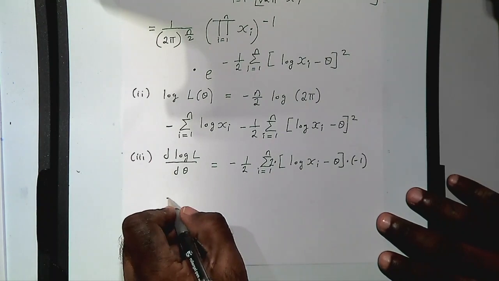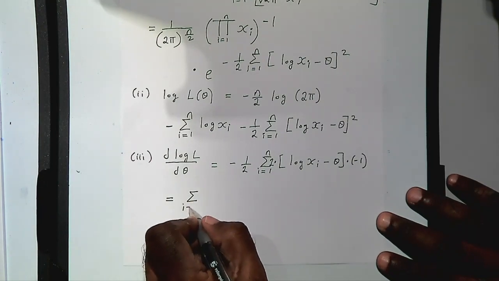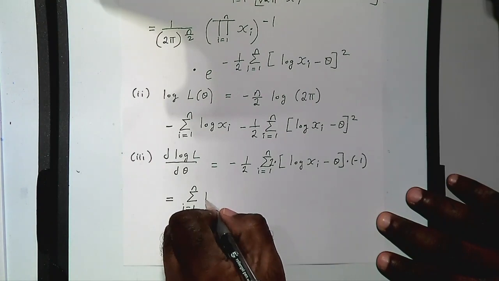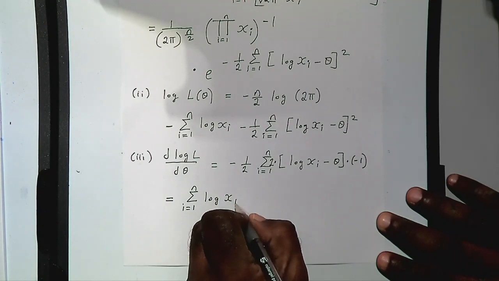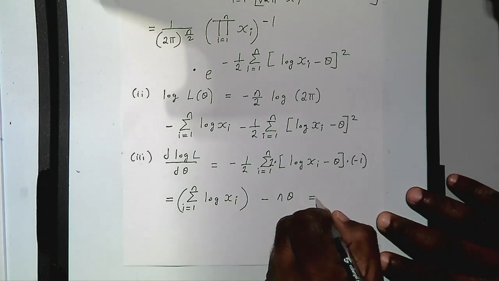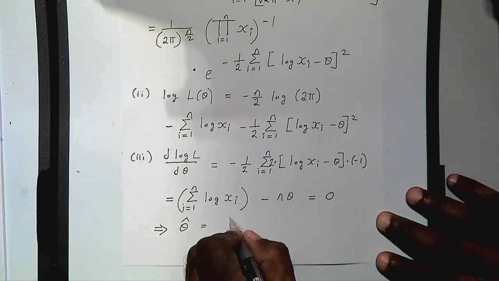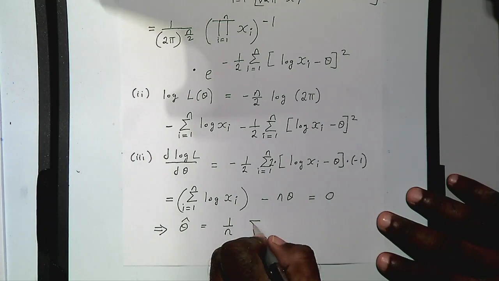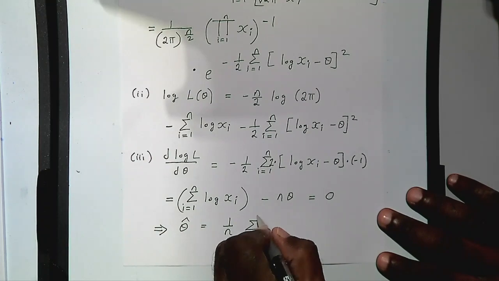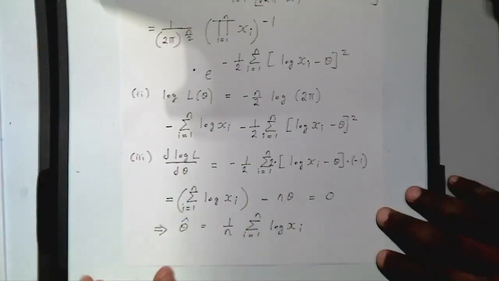Now if you simplify this, guys, you get the sum of log of xi, that's one term, minus n theta. Set this to 0, you get theta hat equal to 1 over n. Right. Now that's step 3.